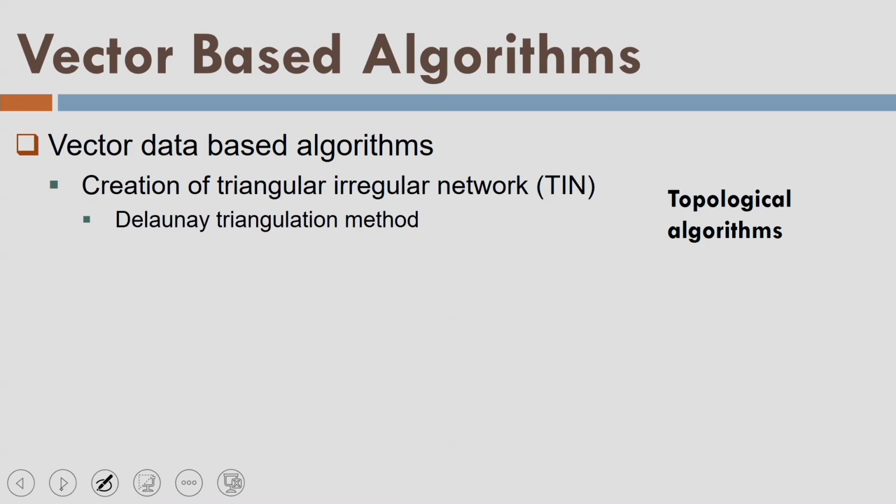Vector based algorithms are based on the Delaunay triangulation method. So, let us look into the Delaunay triangulation. Let us see, there are a few points, these are lidar points. Each point is representing a lidar point. Using these points, I am going to develop triangles and a triangulation scheme, where each triangle will represent a certain area. So, we have a triangulated irregular network.